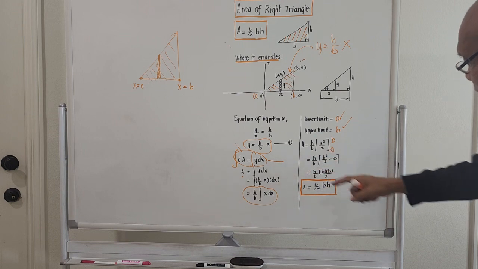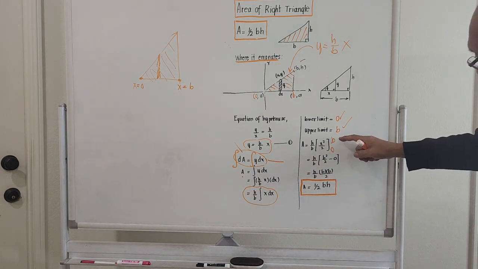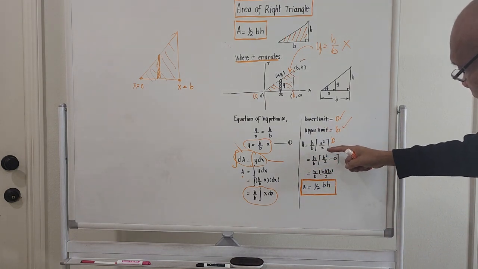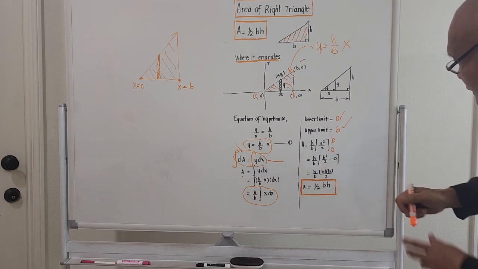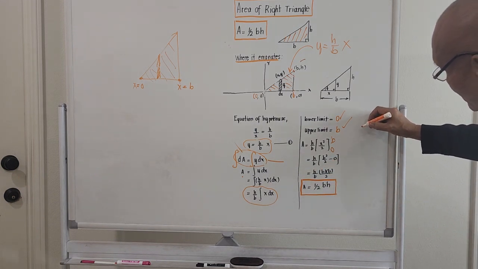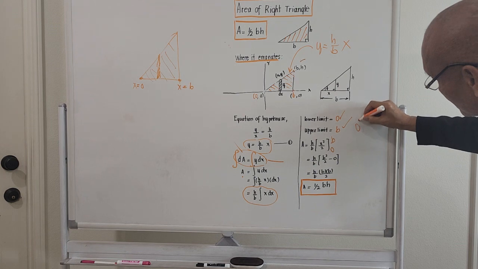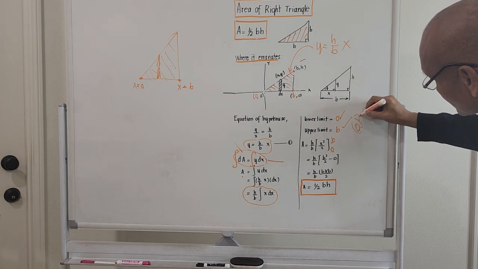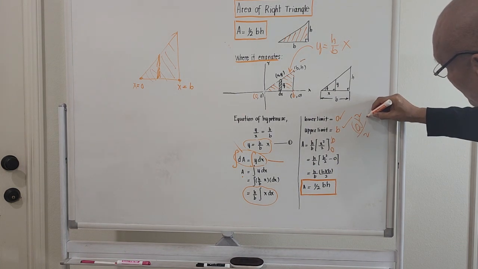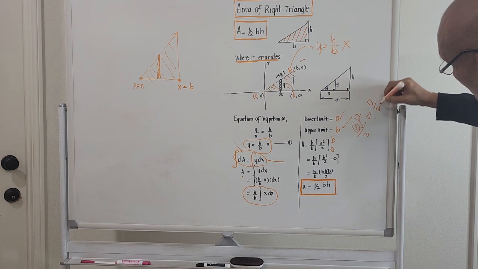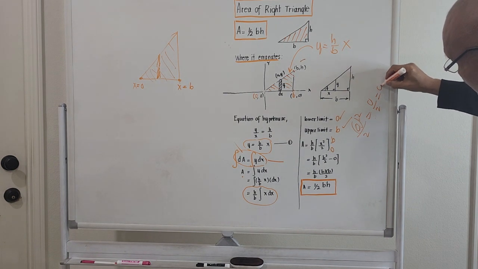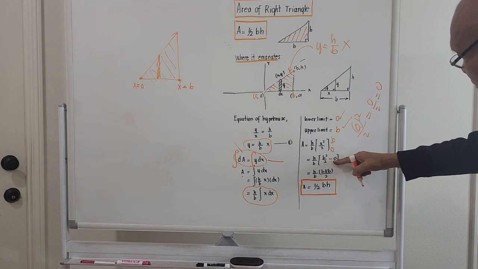This is h over b. We put the upper limit b for x. So this will be b squared over 2 minus the lower limit, it will be 0 squared over 2. But 0 squared is 0, and 0 over 2 is actually 0. So this is minus 0.